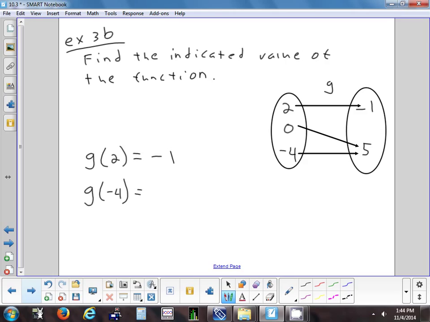How about when you plug negative 4 in? You get 5. Is that a function? Yeah. Okay. How come it's a function? X values don't repeat. Good. There's no repeats in the x's. Are there any repeats in the y's? Yep. That's fine. 5 repeats, but that's fine.